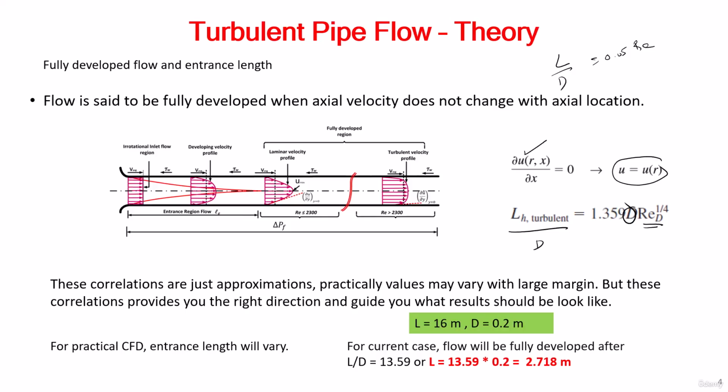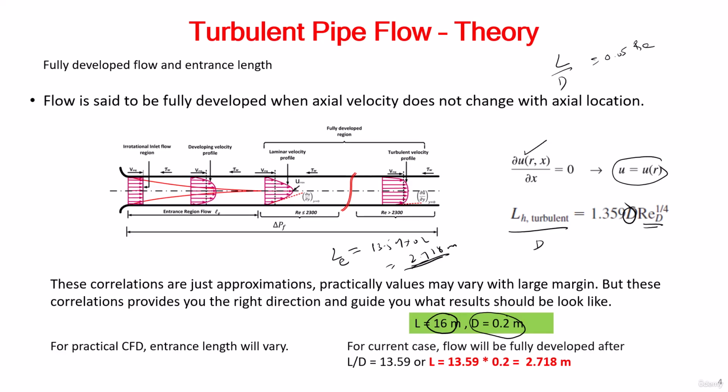If I take the diameter in our case as 0.2 meters, the entrance length is 13.59 times 0.2, which becomes 2.718 meters. So out of 16 meters, 2.718 meters is the entrance region portion.